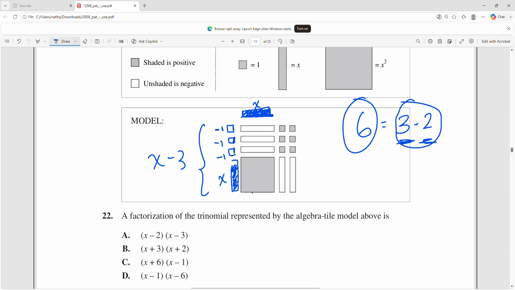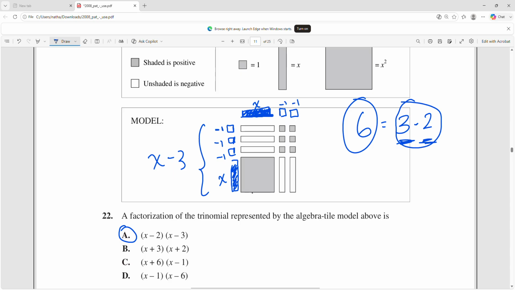Okay, and then on the top here, we've got an x. I only see one x minus 3. It seems like A is going to be the right answer if I look down at my options, but let's try that out. They're saying it's x minus 3 times x minus 2. So if I use a minus 2, remember minus, in this case, negative 1s are the clear ones.